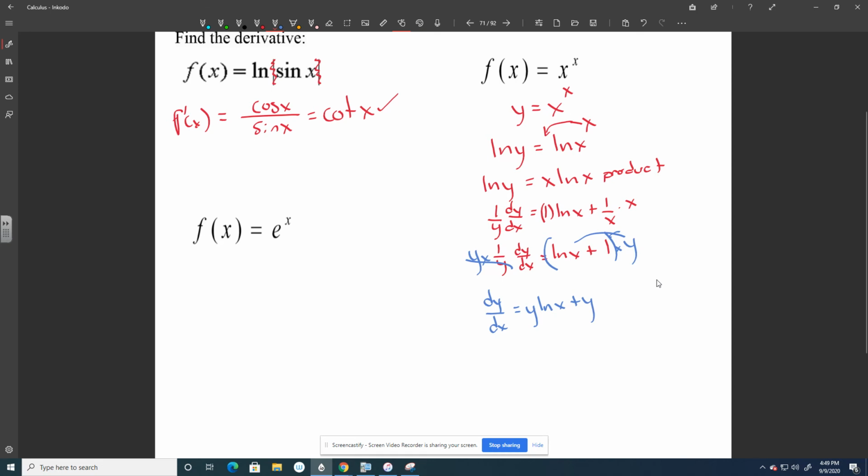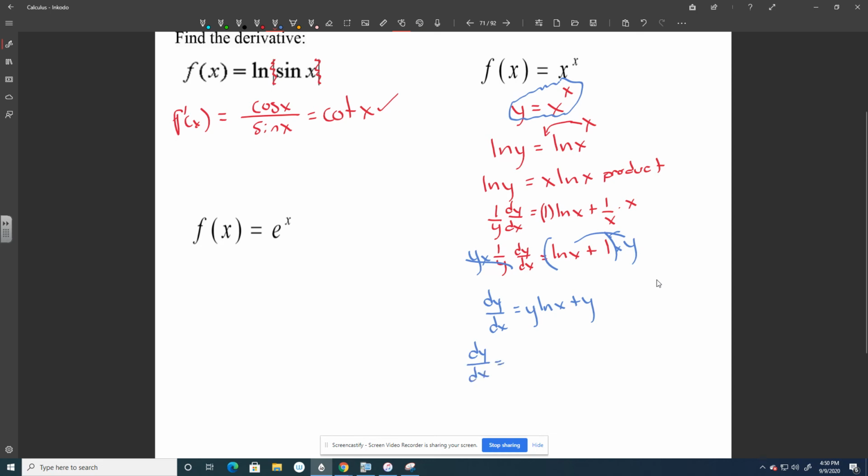Okay. Now, in this one, we could clean it up a little bit because if I can avoid it, I don't want y to be in my formula. And if I go clear back up here, I've got y is equal to x to the x power. So I can go ahead and plug that in wherever I have a y.